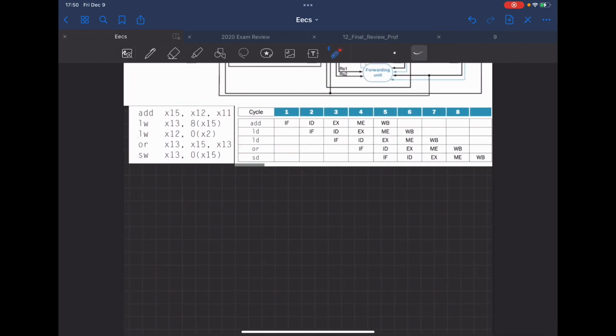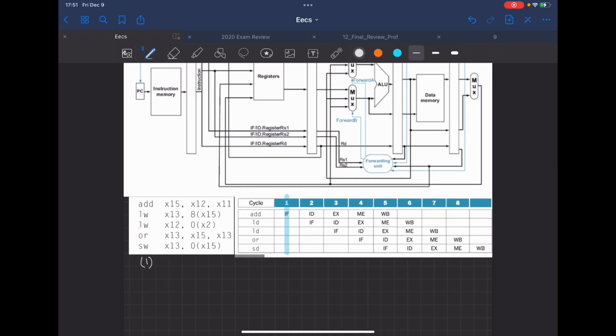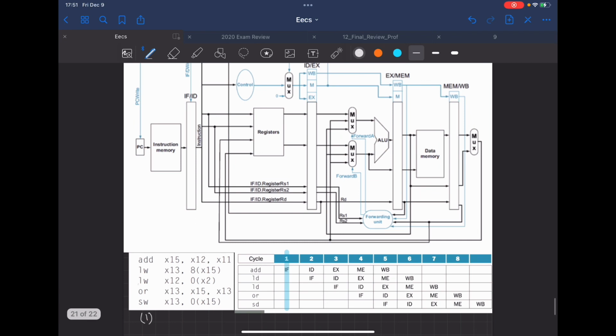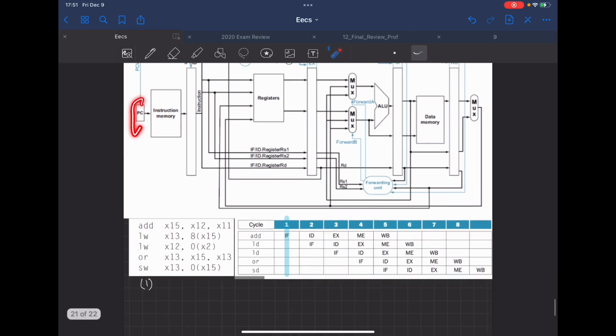So note here, what happens is the PC goes into the instruction memory, to this PC address inside the memory, and it gets the instructions from that, and that's all that happens in this cycle. So we don't need any forwarding, because we're still here and forwarding is here, so why would we need forwarding?